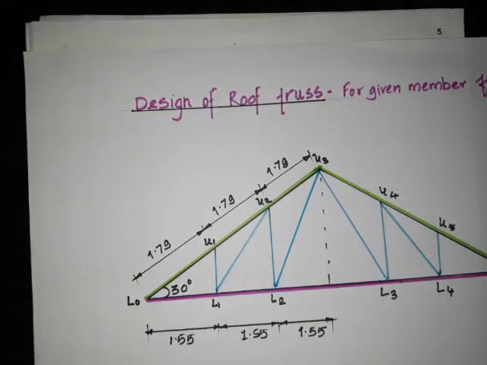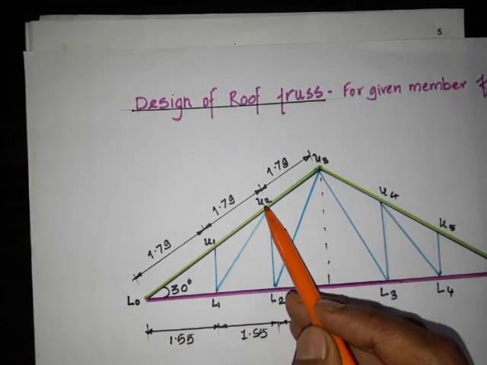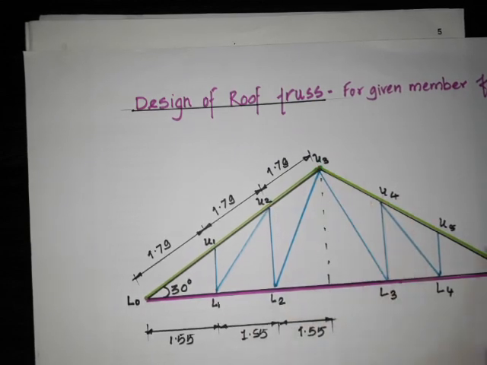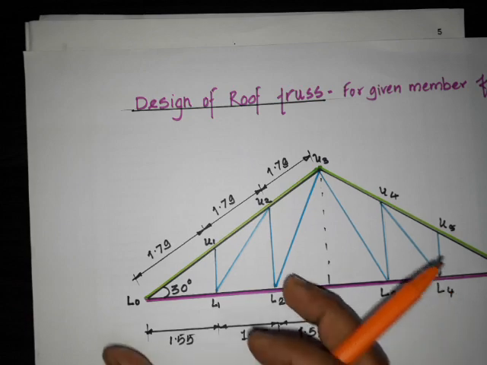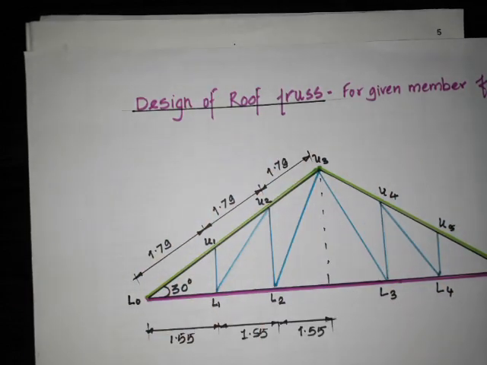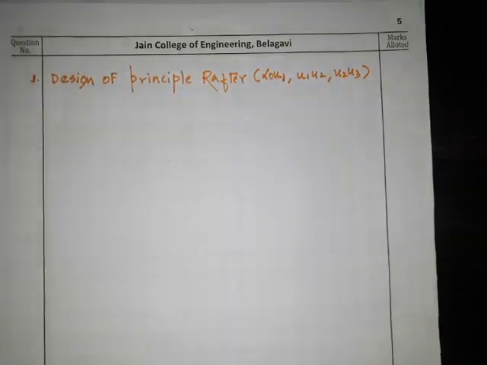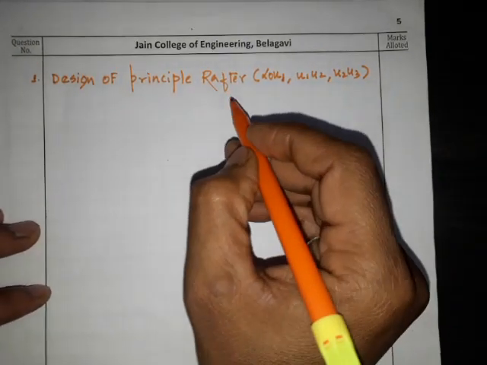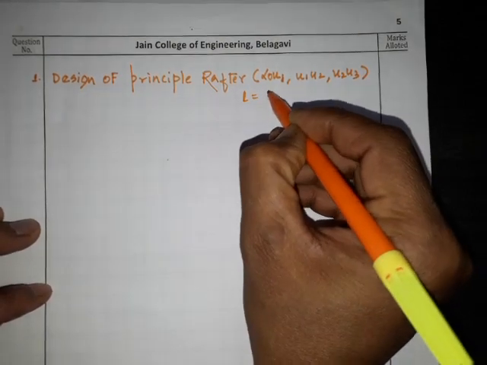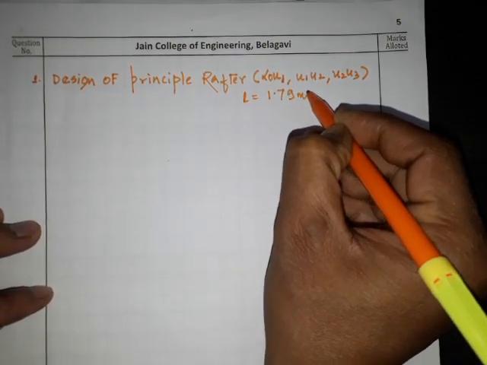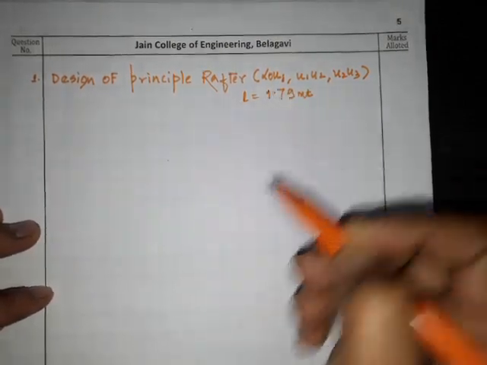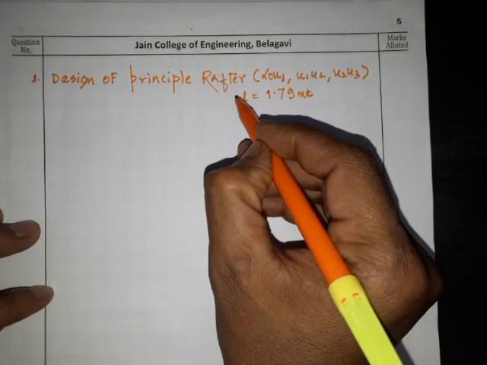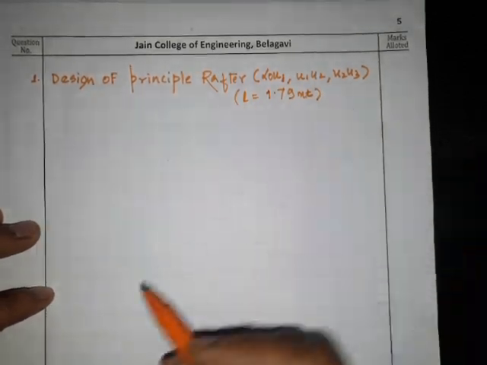You can check here the principal rafter L0 U1, U1 U2, U2 U3 and so on for this side, because it's a mirror image of the half portion. For that, we have got the length of the member as 1.79 meter from the given diagram.